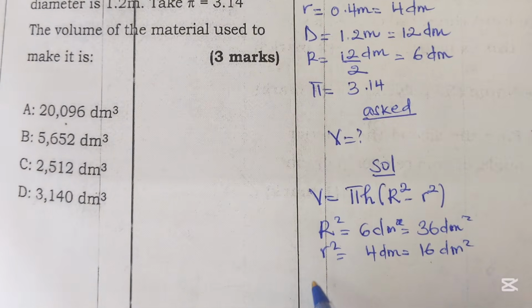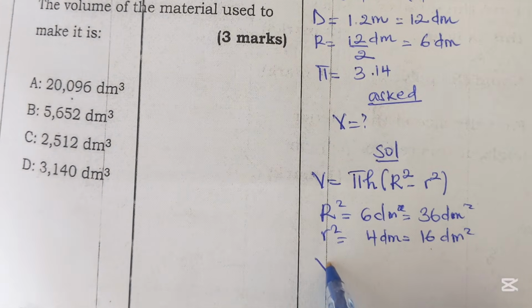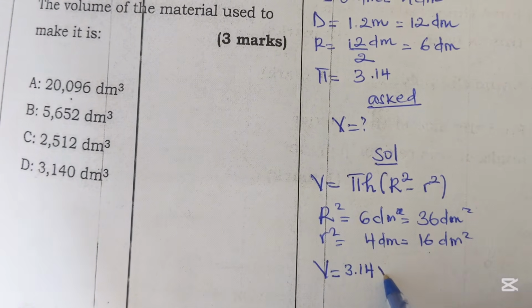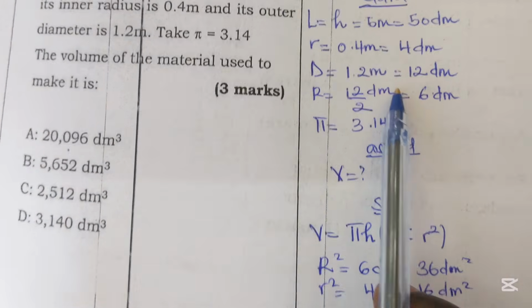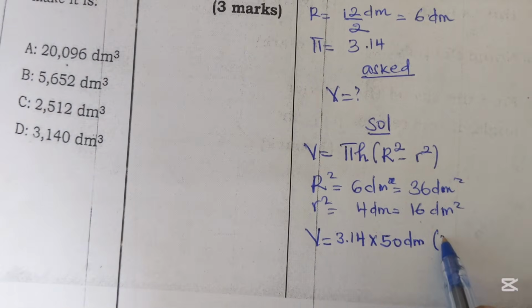Then the volume will be pi, 3.14, times a height of 50 decimeters, times 36 minus 16 decimeters squared.